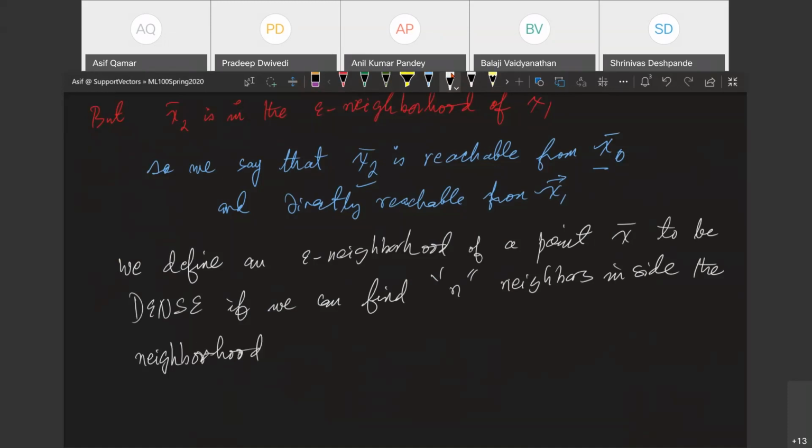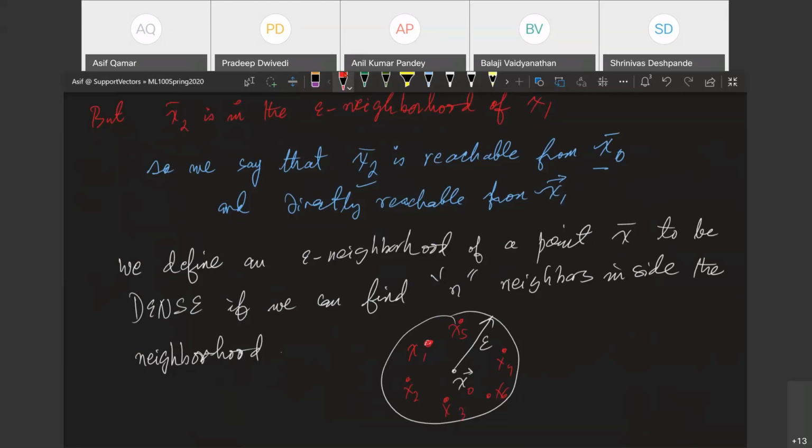So for example, if I have this point X and I draw the epsilon neighborhood, and I have points, let me call this X0, X1, X2, X3, X4, and let's say X5, X6.